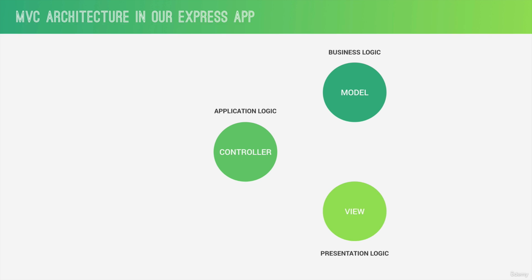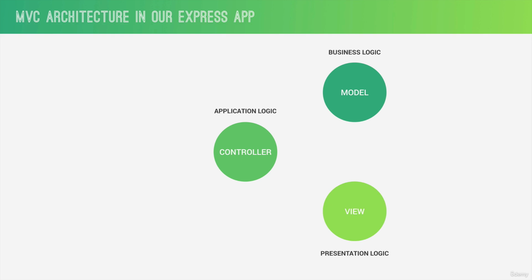Next up, we have the controller layer, and the function of the controllers is to handle the application's request, interact with models, and send back responses to the client. And all that is called the application logic. Finally, the view layer is necessary if we have a graphical interface in our app, or in other words, if we're building a server-side rendered website, as we talked about before.